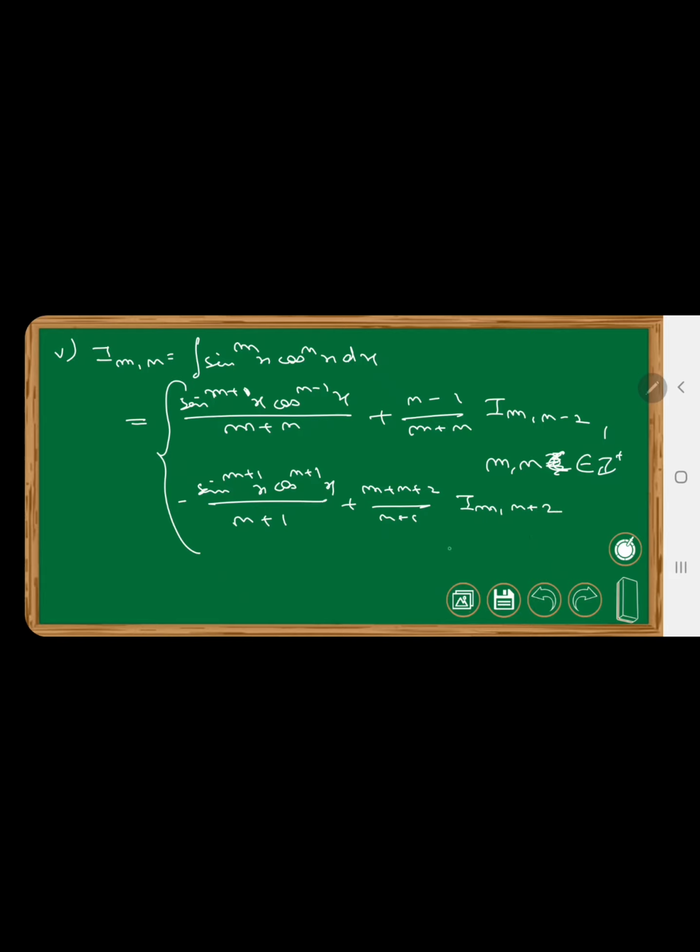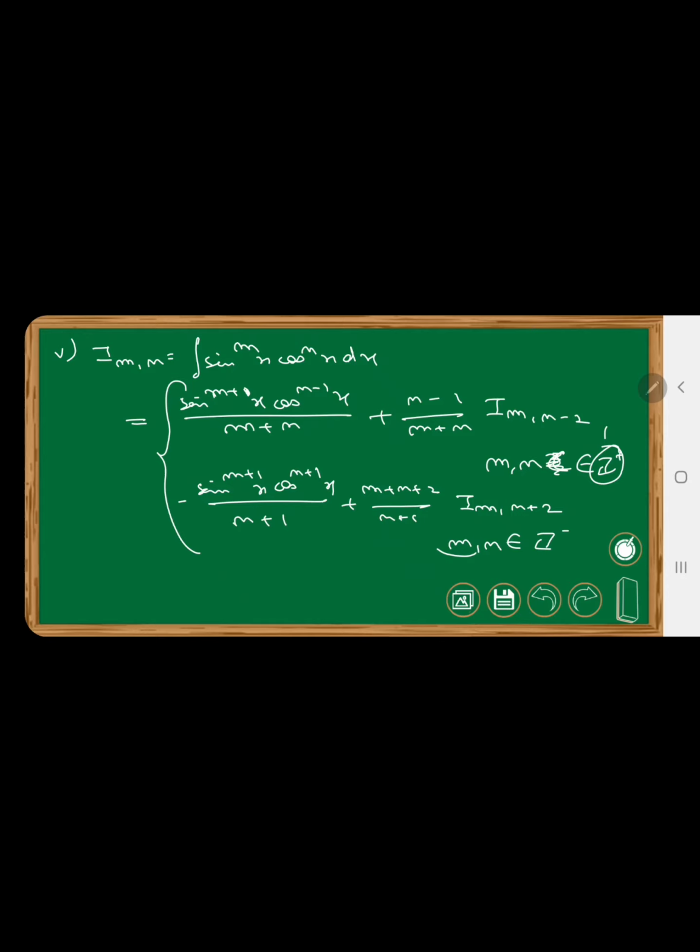And when is this possible? m and n are not mandatory to belong to Z plus, but they may belong to the set of negative integers. Either m or n or both will belong to the set of negative integers. Am I clear?